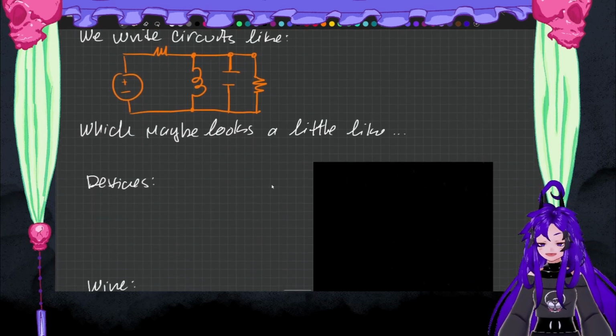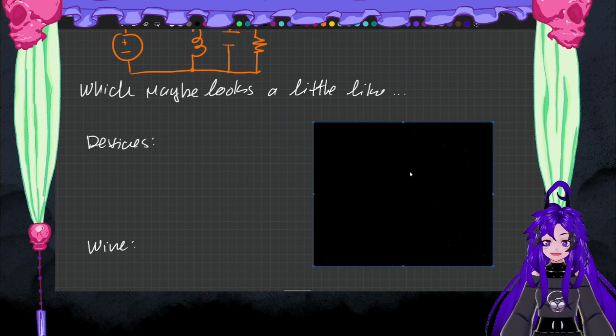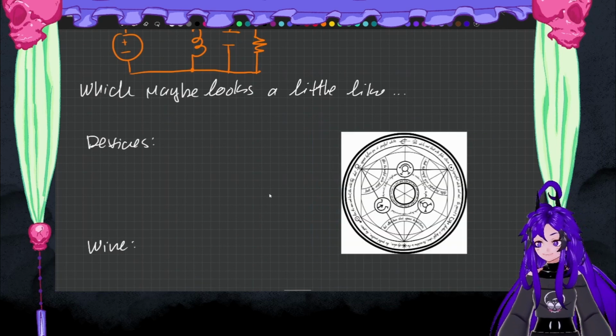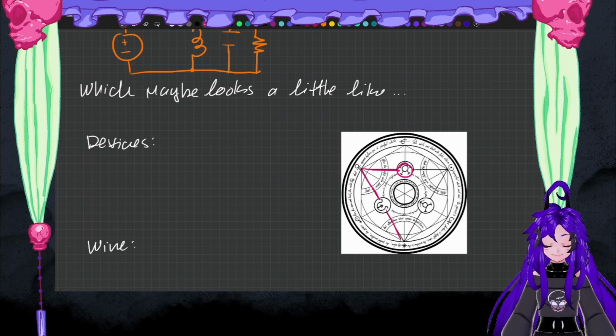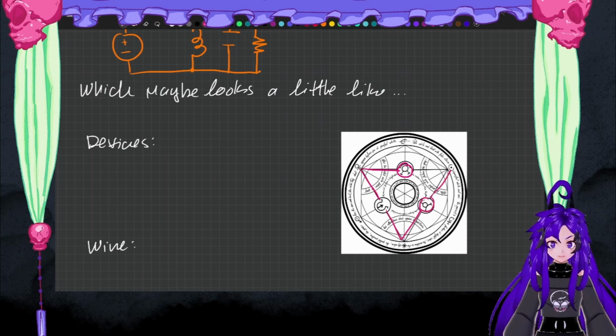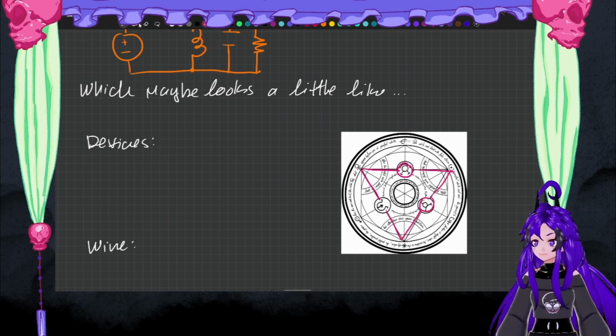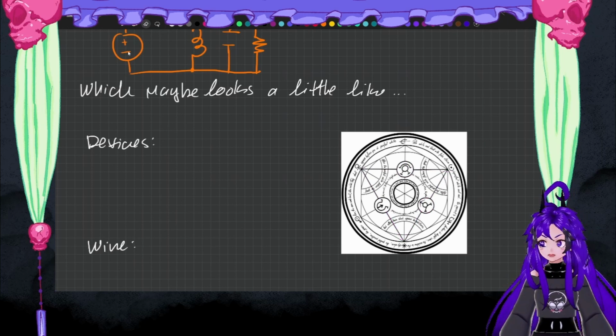It does tend to look maybe a little bit like magic, though. I mean, if you think about it, there's symbols, and there's lines that connect the symbols that supposedly make them do things. This one is totally not an anime reference. Nope.